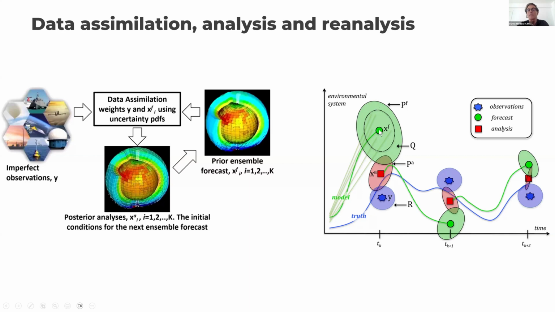And you want to restart your model. If you were God, you would restart it at this point, on the blue line. But we are not God, so we don't know this. And it doesn't make sense restarting the model at the observation, because we also know the observation is wrong. It has some error.